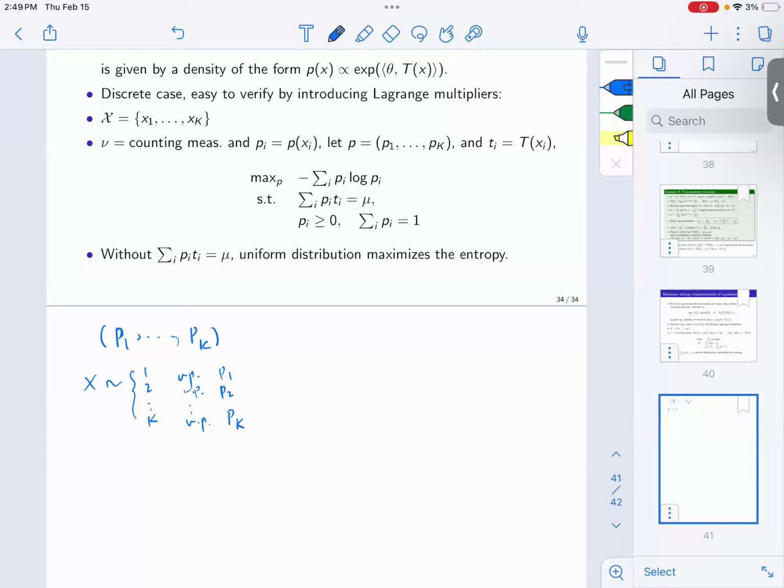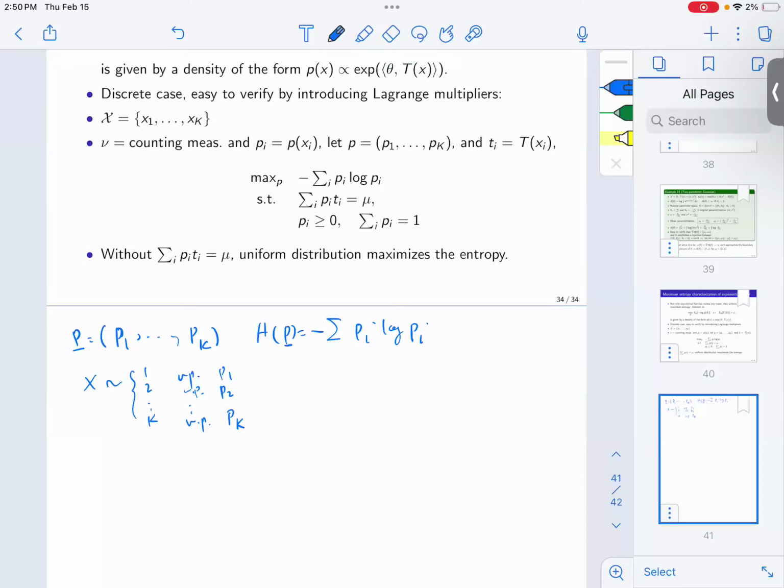So let's work with the discrete case. What is the entropy of this distribution? Negative sum of pi log pi. Let's call this h of p. Sometimes you say this is the entropy of the random variable.